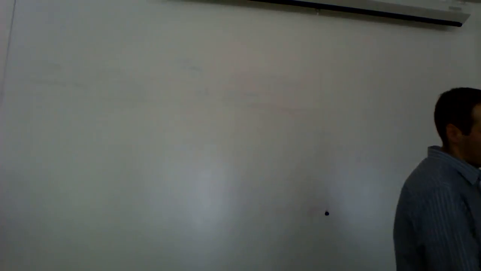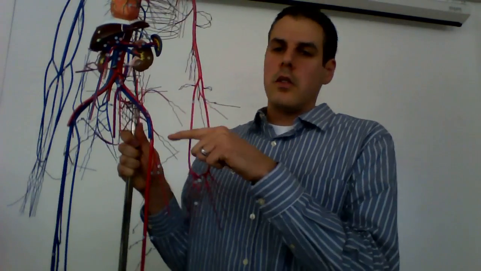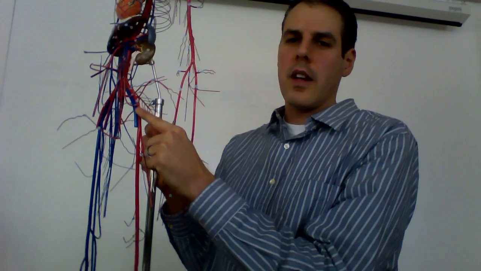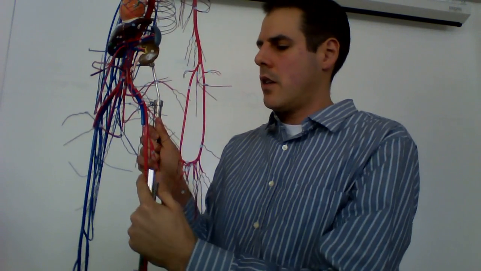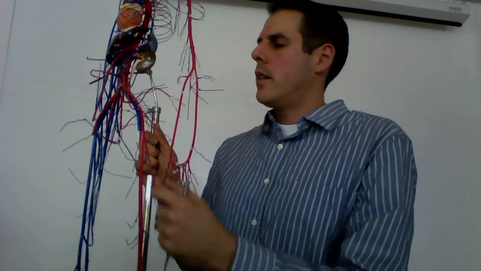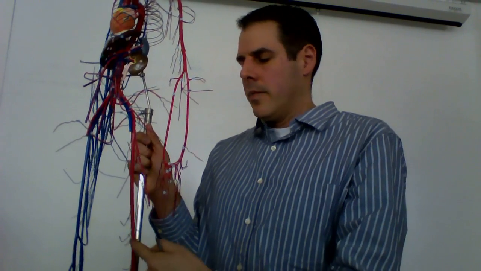For example, on the wire model, you have an external iliac artery that then becomes the femoral artery that then becomes the popliteal artery when it gets behind the knee. Now it's iliac when it's inside the body cavity, femoral when it's in the leg, and then popliteal when it's behind the knee.